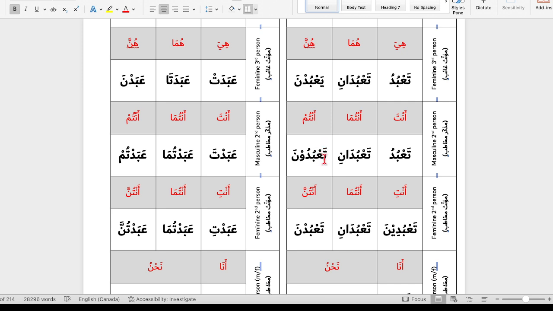So you add alif, and what is the haraka for the alif? The haraka for the alif is the second letter of the root verb. Abada yabudu, so the u is going to be u. If it is a or e, then the alif is going to be e. So alif has only two harakas.